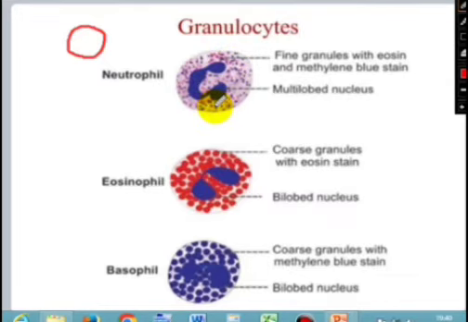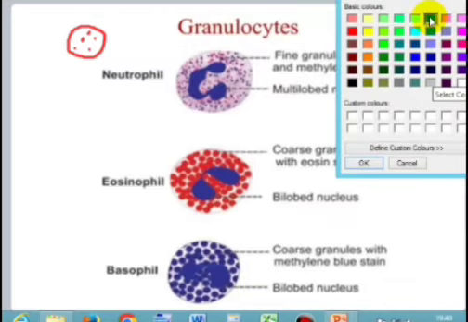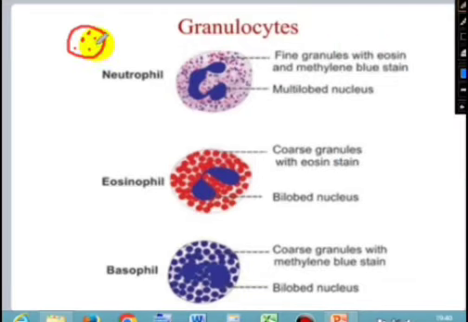Now, some of these granules or tiny dots are red in color, while some are blue in color. Alright? Now that tells you that these granules can stain with both red dye and blue dye.